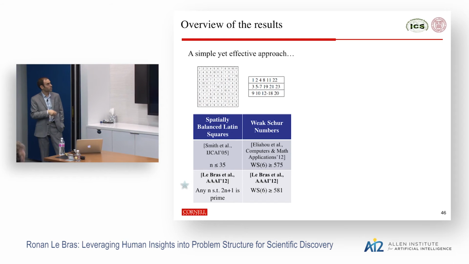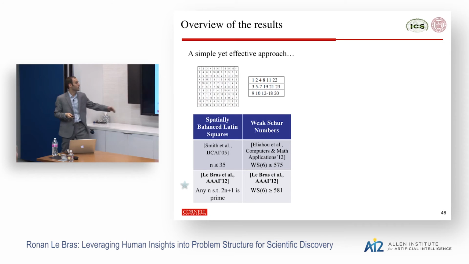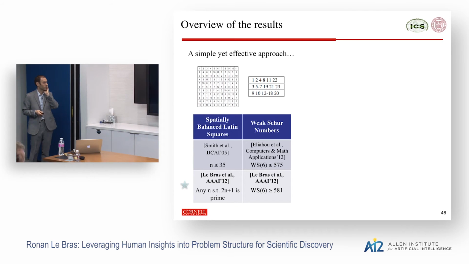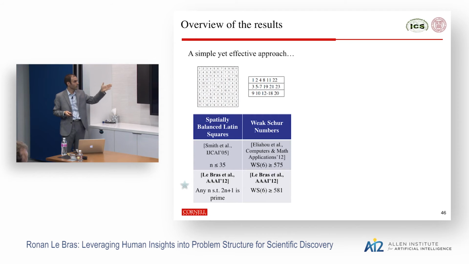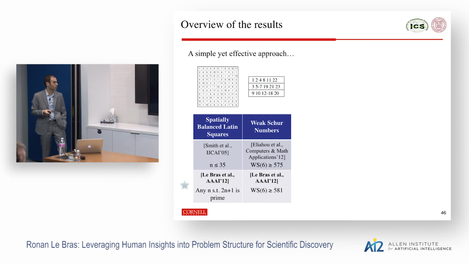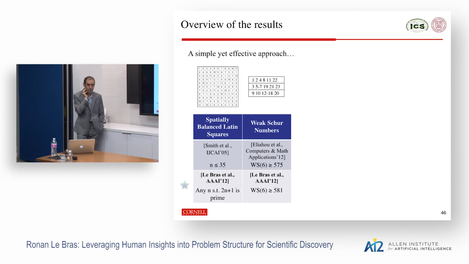And here I'm showing you a series of results. So the results on the specially balanced Latin square closed an 8-year-old open problem at that time. Then we have some results on the Van der Waerden numbers where we could improve the best bound of some of them.